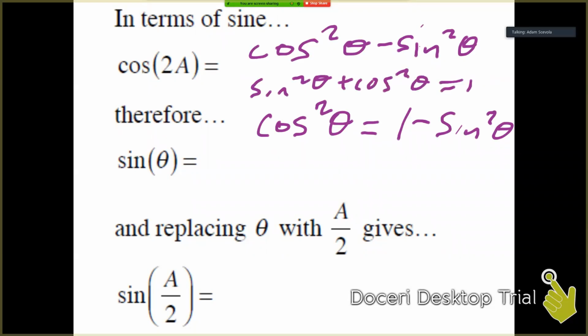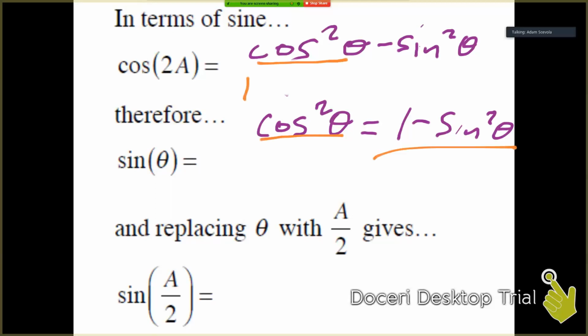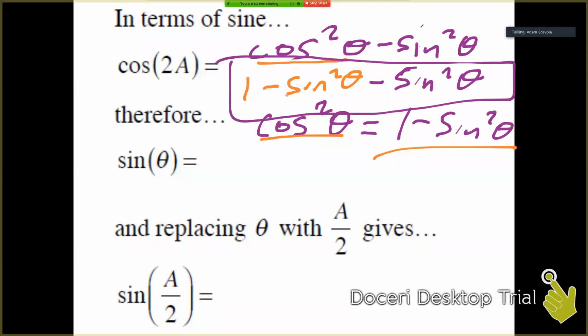So if we take cosine squared and replace it with 1 minus sine squared, we get 1 minus sine squared and then minus sine squared. That gives us the formula for the cosine of 2a in terms of sine, which is 1 minus 2 times the sine squared of theta.